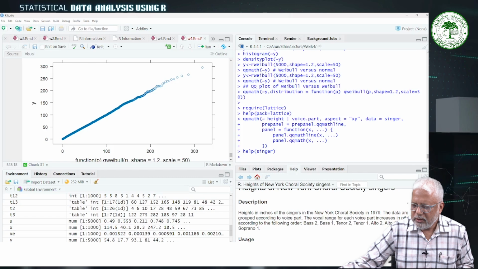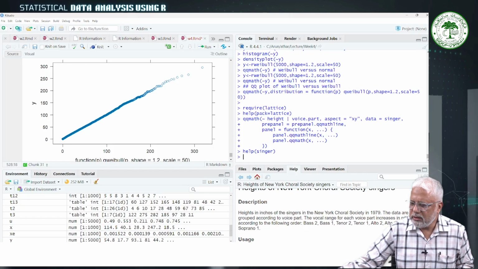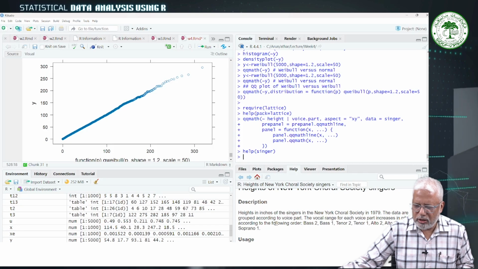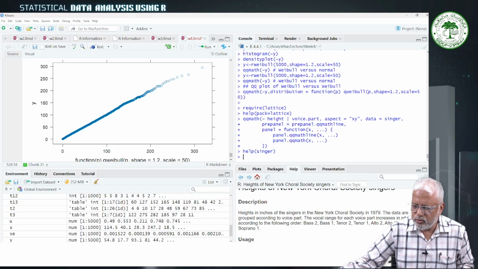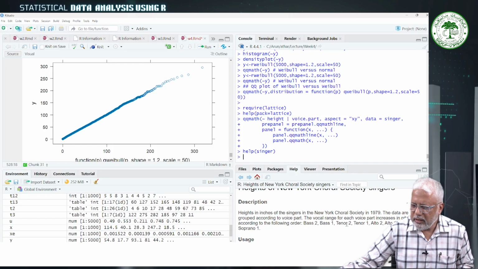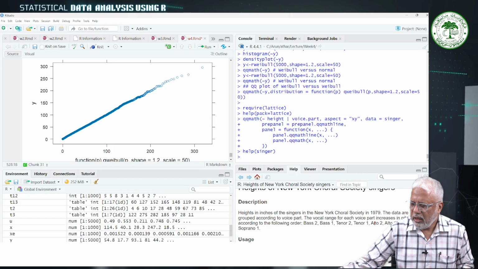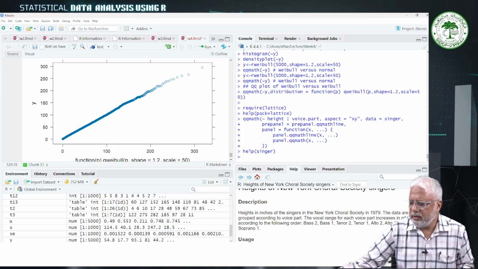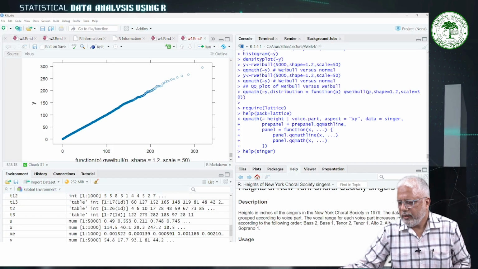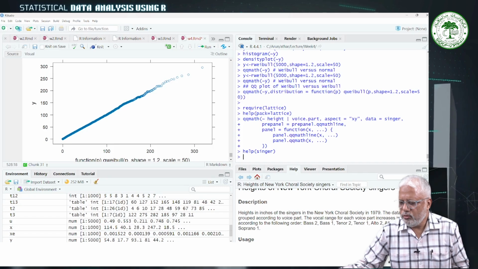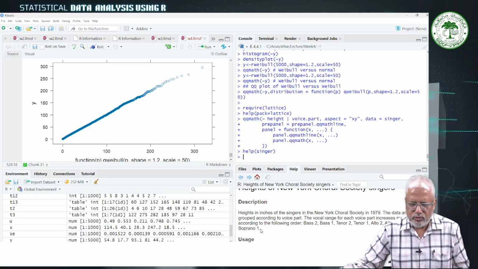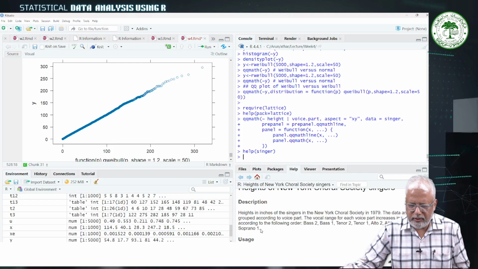The vocal range for each voice part increases in pitch in the following order: bass 2, bass 1, tenor 2, tenor 1, alto 2, alto 1, and then soprano 2 and soprano 1. So these are the levels.